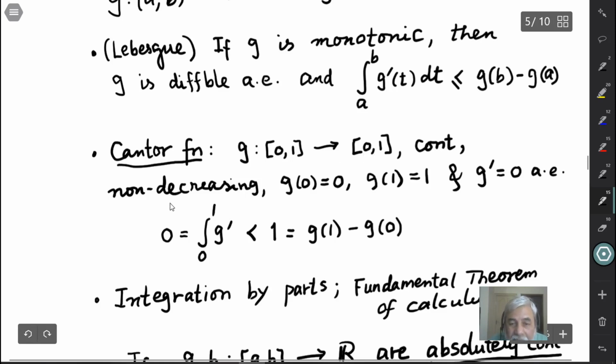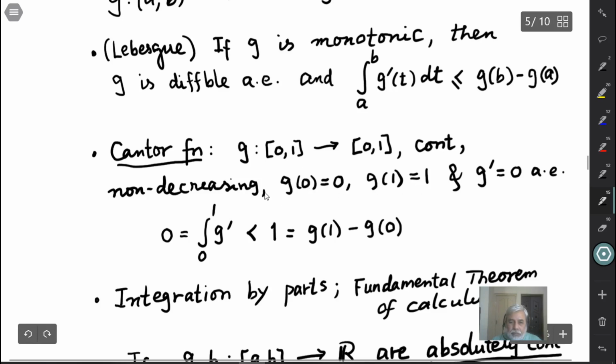It's non-decreasing. In fact, g is constant on those intervals removed in the construction of the Cantor set. So g(0) is 0, g(1) equals 1. In particular g is a non-constant continuous function, and by continuity, g assumes all the values between 0 and 1.